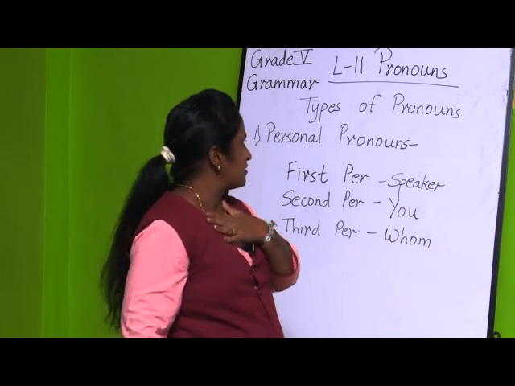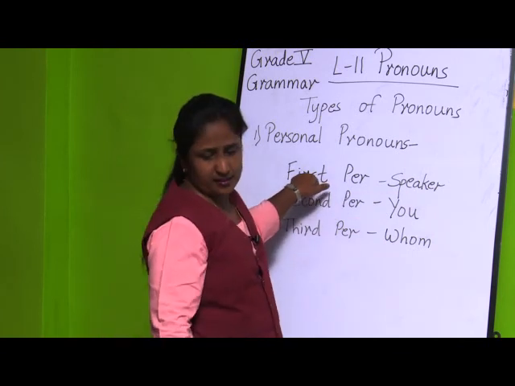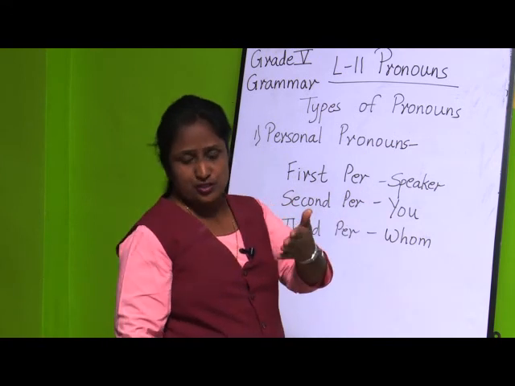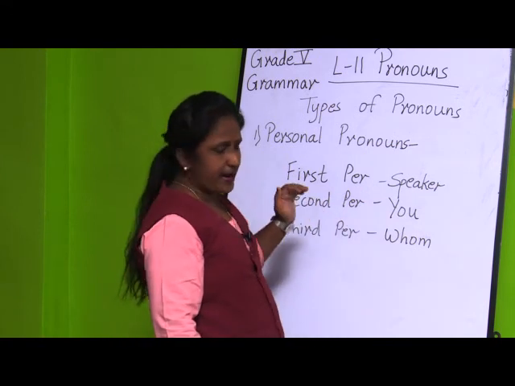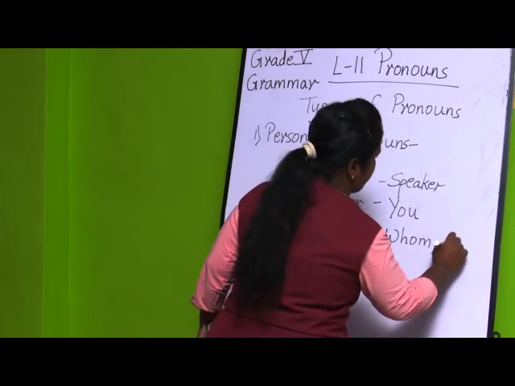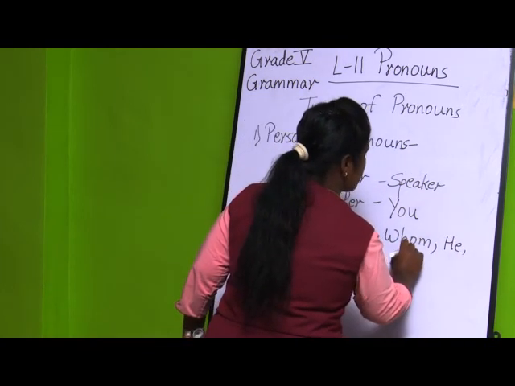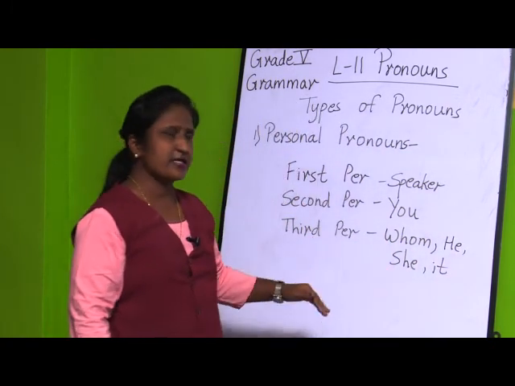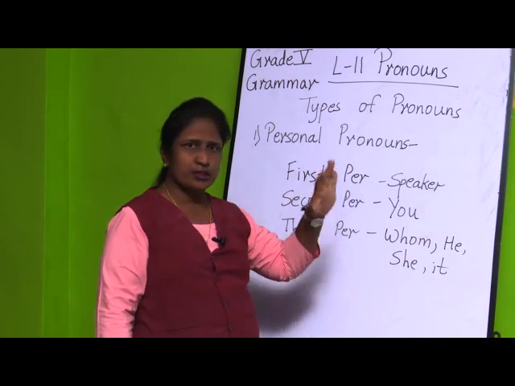Then you is the second person, as I am talking with you. And he, she, it, they are the third person. If we are talking about somebody else, they are called the third person.